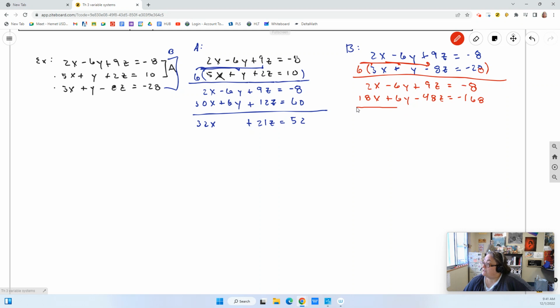So now when I add these two equations together, again, our y is going to disappear, right? So here I've got 2x plus 18x, that's going to be 20x.